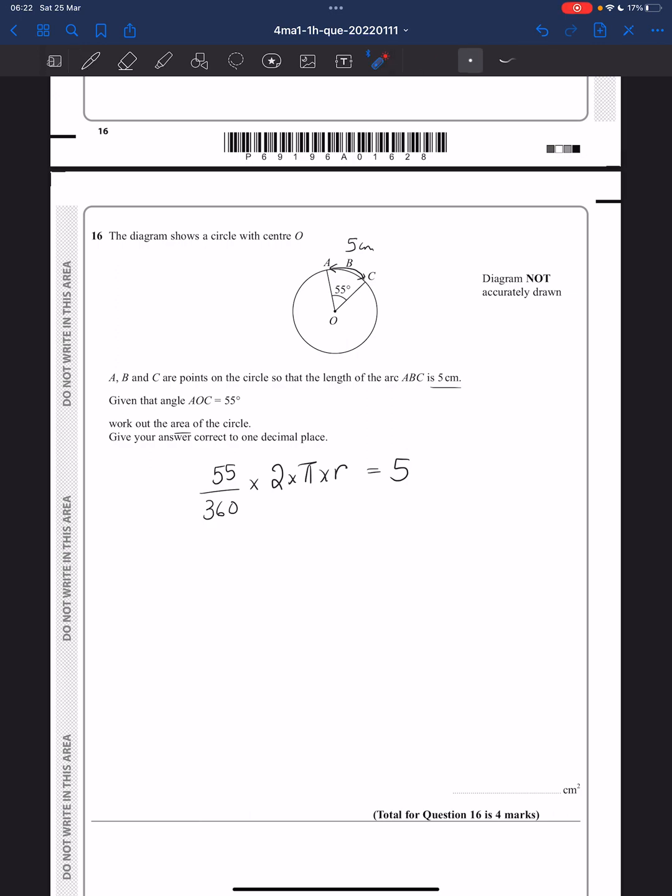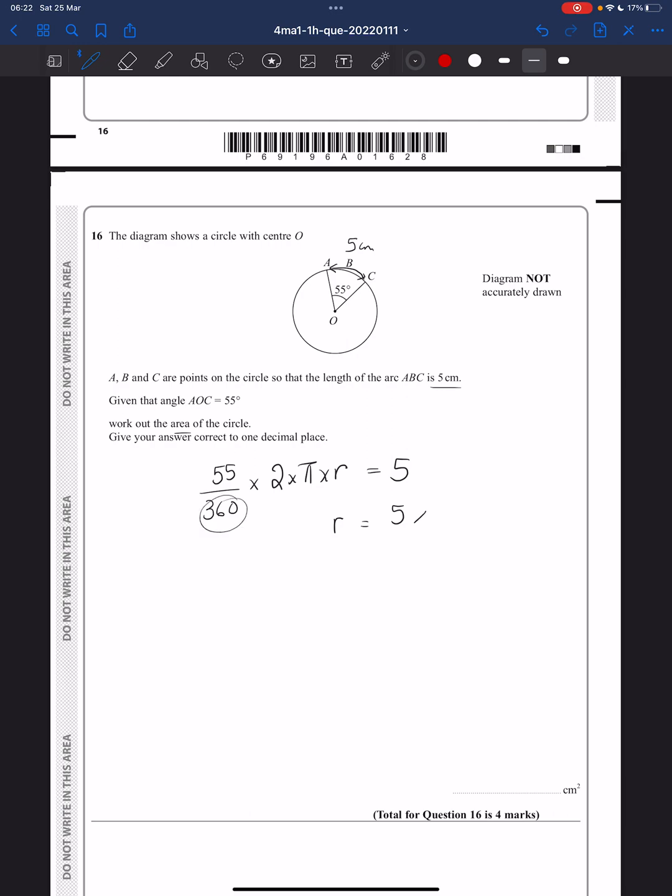Right, put all that together again. That bit's 5, and that's 55. The full circle would be 360. So we've got that fraction of the full circumference, which is 2 pi r, and that fraction of the full circumference is 5 centimetres.